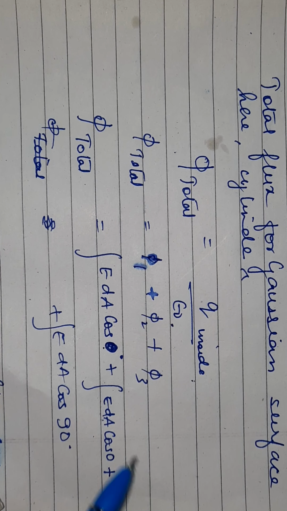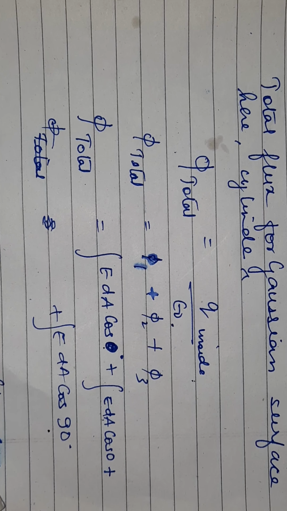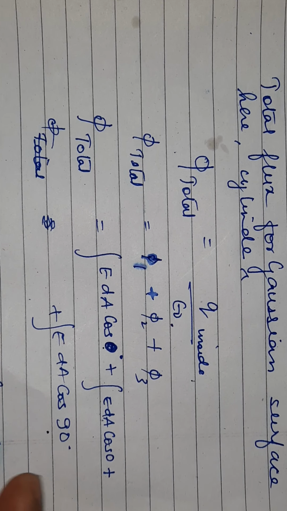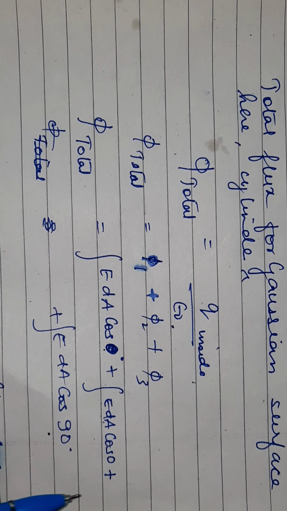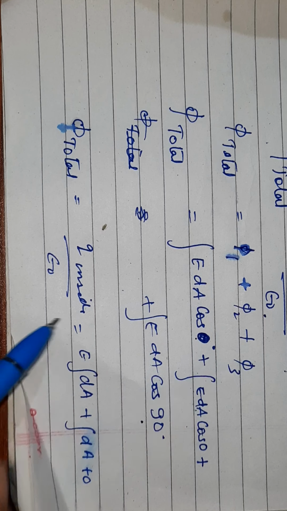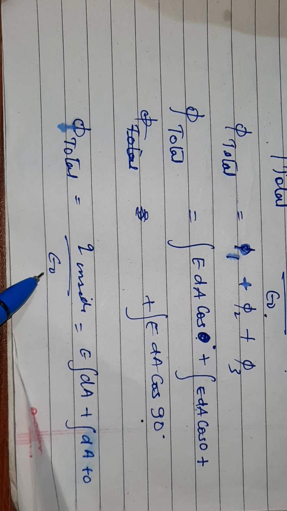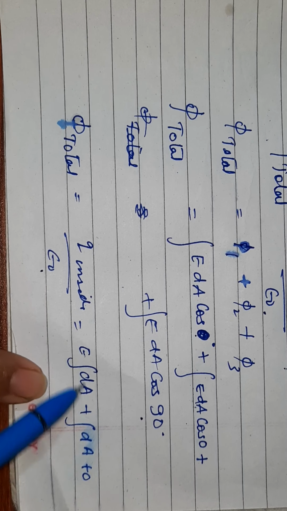The flux through the curved surface will be E dA cos 90, which comes out to be 0, since cos 90 is 0. So the total flux will equal Q inside the Gaussian surface upon epsilon naught, equals E dA cos 0.